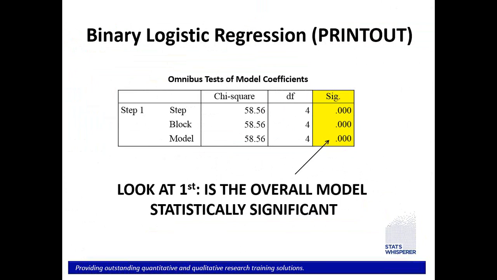And we can see it's less than 0.05, so it is. However, if it was not statistically significant, we wouldn't consider any of the characteristics of the rest of the output because we would consider all of those to be by chance. However, this is significant, so we will read on.